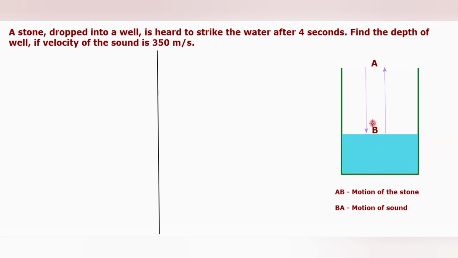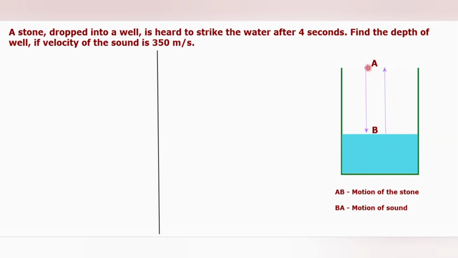This striking sound will move in all directions and also in the upward direction, and it will reach the dropping point A. So AB is the motion of the stone, BA is the motion of the sound.